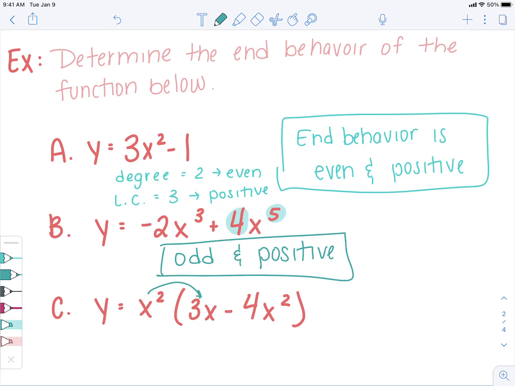So when I distribute this, I end up with y equals 3x cubed, because 2 plus 1 is 3, minus 4x to the 4th, because 2 plus 2 is 4. And then I have to look, okay, what's my degree? 4, which is even, right? My leading coefficient, positive or negative? Negative. So it's even and negative.